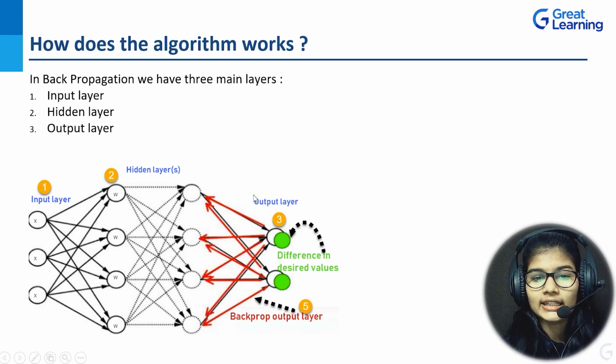Now if you get any difference between the actual value and the desired value, that difference is called the error.